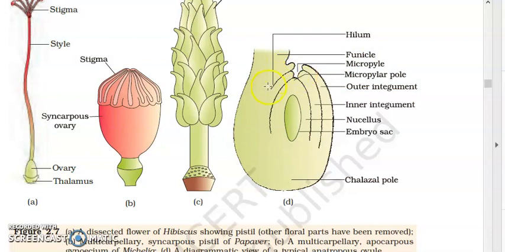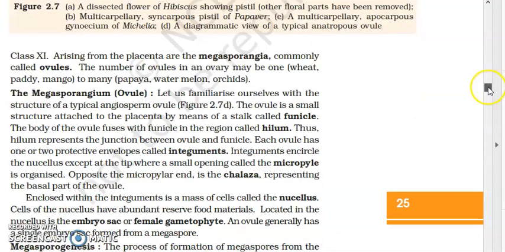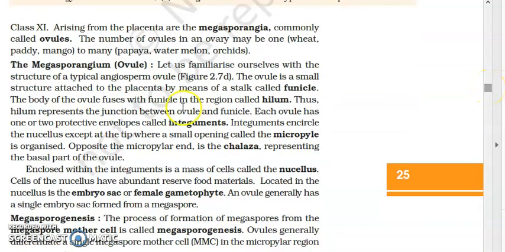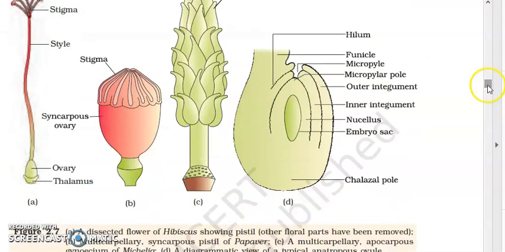And the region of the funicle from where the ovule actually rises or begins, where the body of the ovule is fusing with the stalk-like structure or funicle, this area is called the hilum, right? So what is the hilum and what is the funicle? Two important concepts are covered here. Funicle is the stalk which attaches the ovule or the megasporangium to the placenta, tissue of the ovary.